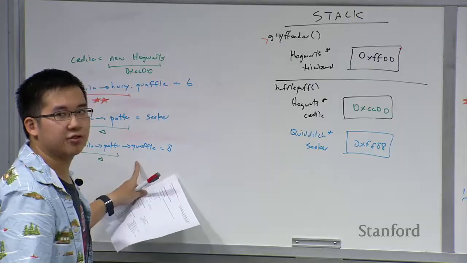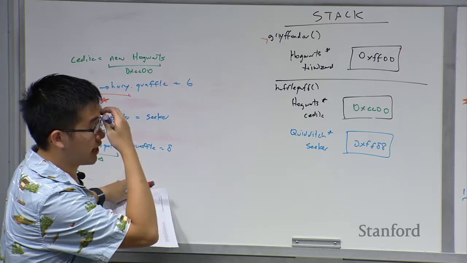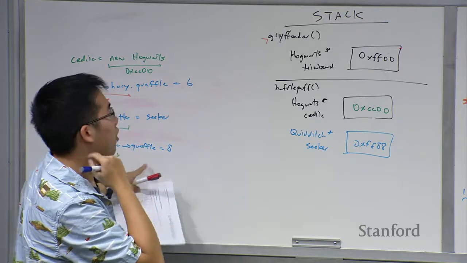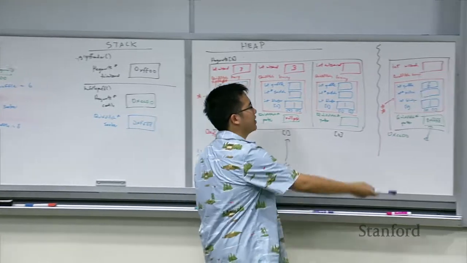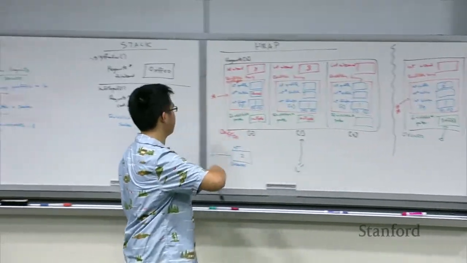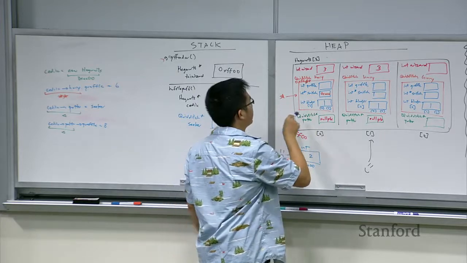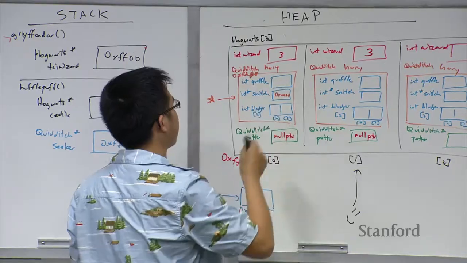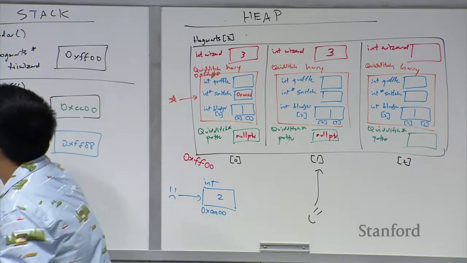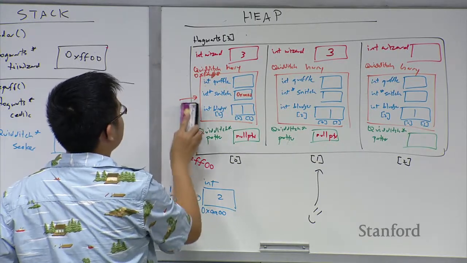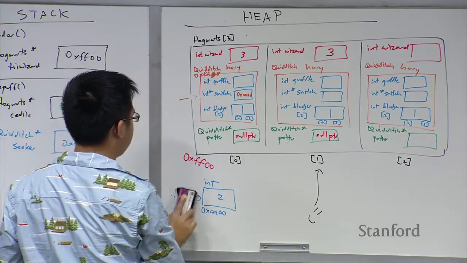So remember arrow again, which means we dereference the triangle, and then we access the quaffle field. So if we dereference this 0xFF88, we get this struct over here. And we want the quaffle field, so that gives us this one over here. Let me reuse some of these because we don't need these anymore. Okay, so no more sad face.